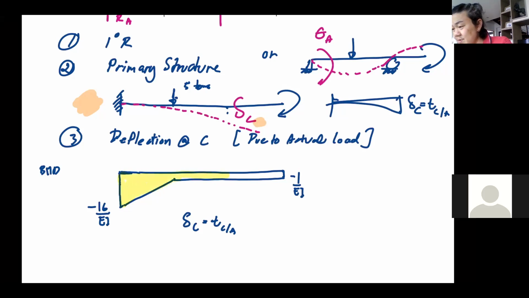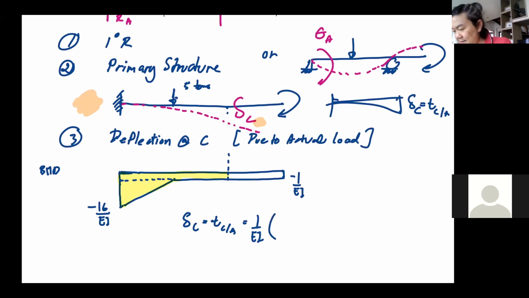Okay, to stop at C as well. Okay, and without further ado, this is going to be equal to 1 over EI. I'm going to break this into one long rectangle, and then one triangle.